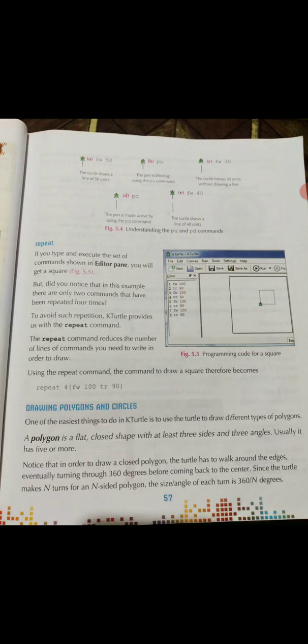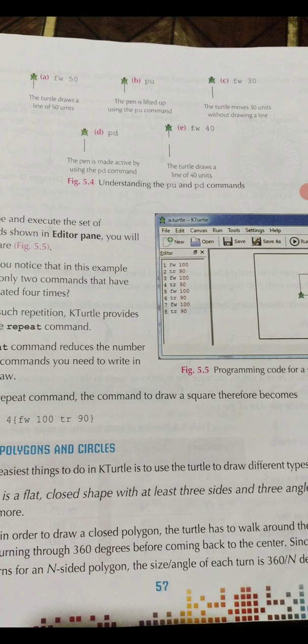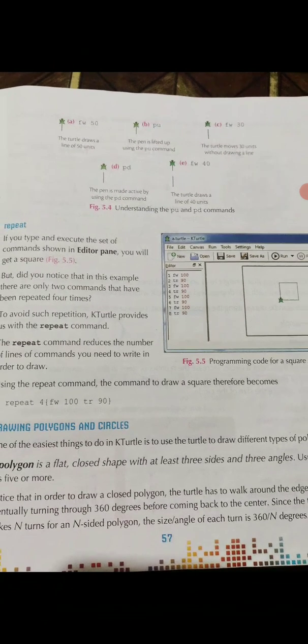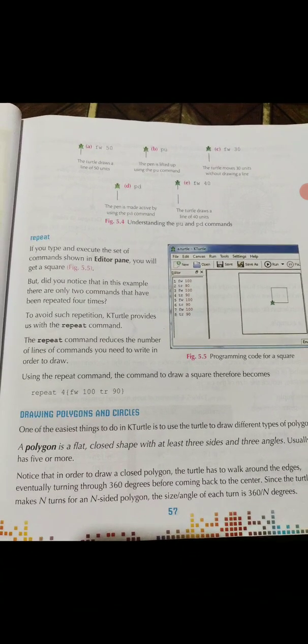Notice that in order to draw a closed polygon, the turtle has to work around the edges, eventually turning through 360 degrees before coming back to the center. Now here, to make a polygon, what does the turtle have to do? The turtle has to move, is it not?